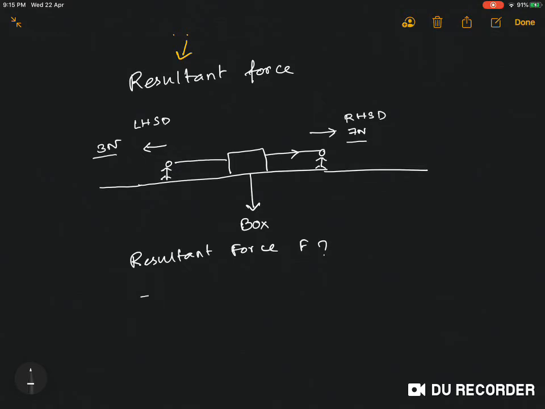So I can say the resultant force is 7 minus 3, which is 4 Newtons, and it will move in the RHSD, right hand side direction. I hope it makes sense to all of you. If I talk practically, it's obvious: if I'm pulling something with greater force, it will go in the direction of that greater force, right?